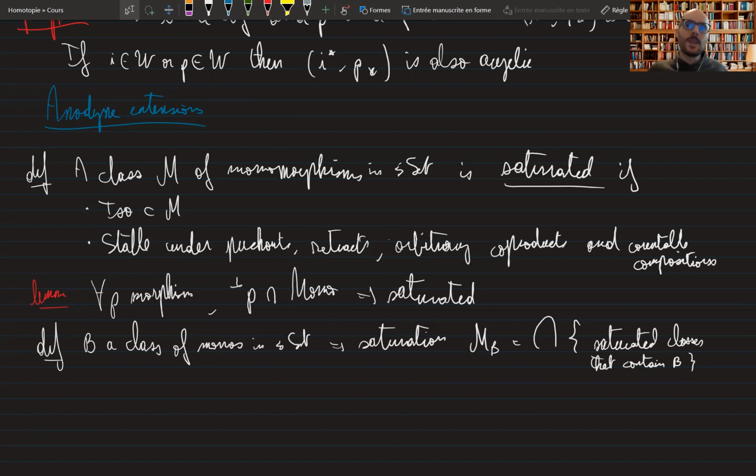Before that, there were a lot of hands-on, ad hoc arguments about simplicial sets, and people realized that a lot of arguments could be made into the common framework given by anodyne extensions.